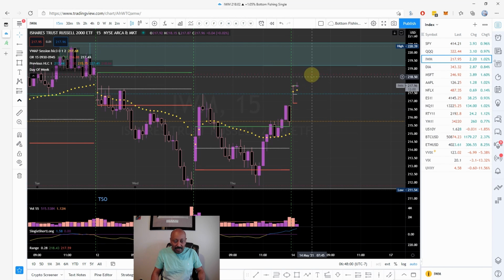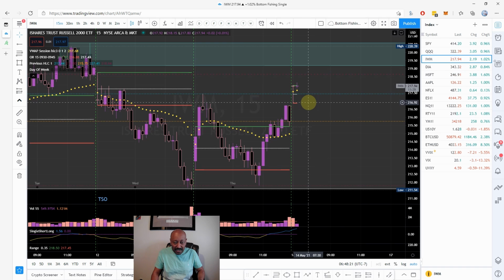IWM, we have the low of last week as a headwind. We have an order block as a headwind. So from 218 to about 218.68, there's just not enough move for me to enter to the call side.